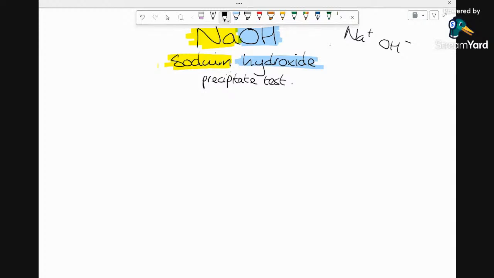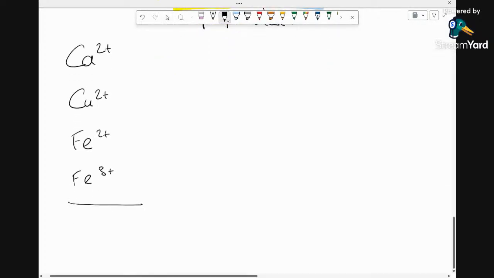So our sodium hydroxide test, what do we have? We have calcium 2+, we have copper 2+, we have iron 2+, we have iron 3+, and we have, I'm now going to underline this because this is slightly different, the ammonium ion.